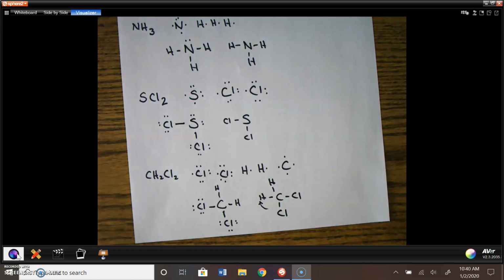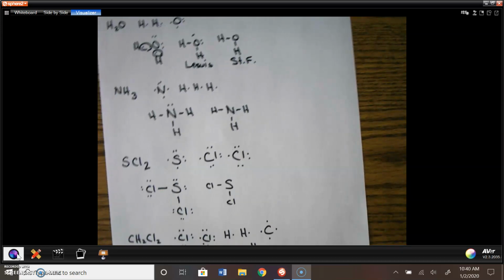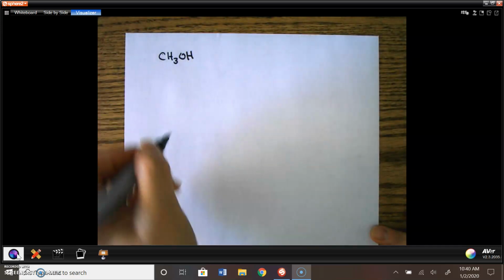Okay, so very simple single bonds showing how things are put together. You want to pair up unpaired electrons. What I'm going to do is just a couple more, to give you a chance to practice. So I'm going to write them down, and then we'll pause and let you do a few, and we'll go through them together. So how about CH3OH?